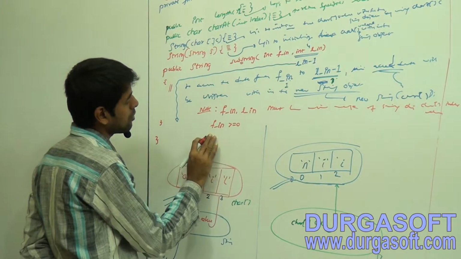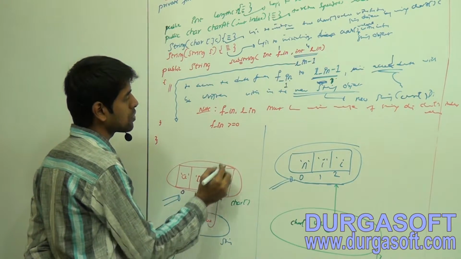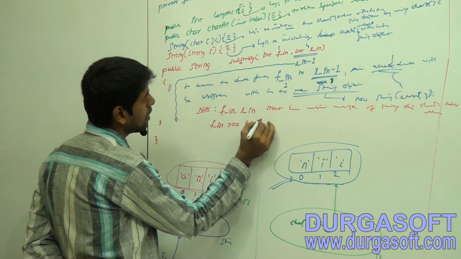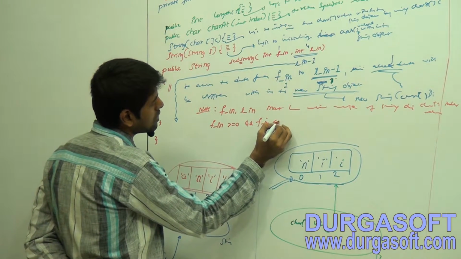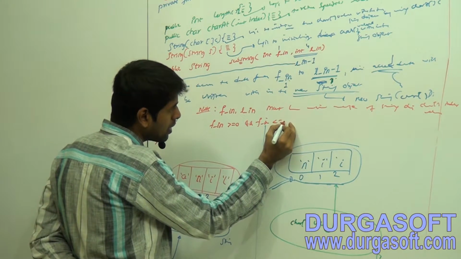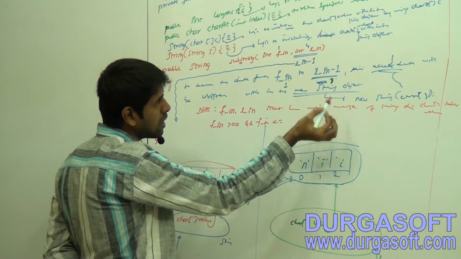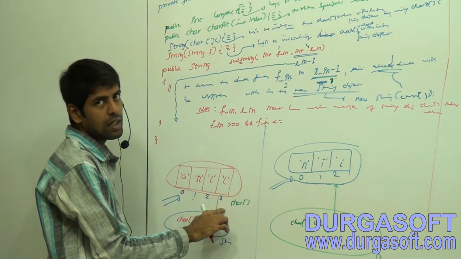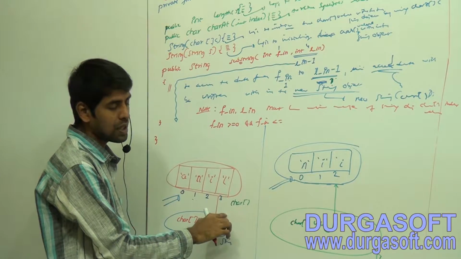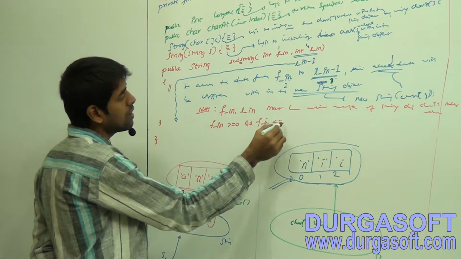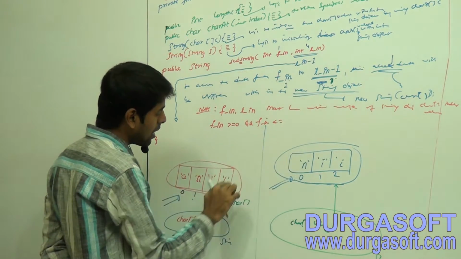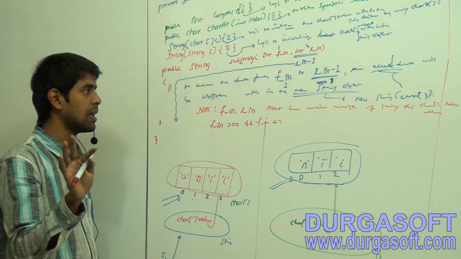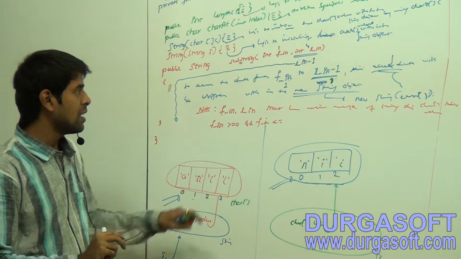Now first index is greater than or equal to 0, and the first index must be less than our last index character. Yes or no? Yes, it must be less than the last index character, or else I can tell you one thing.